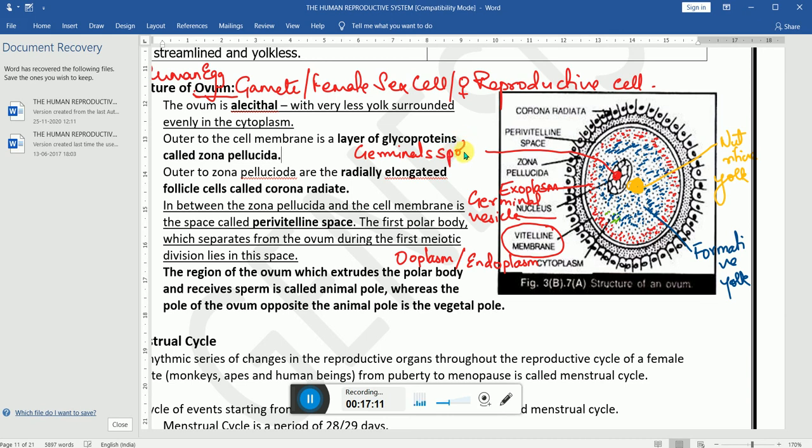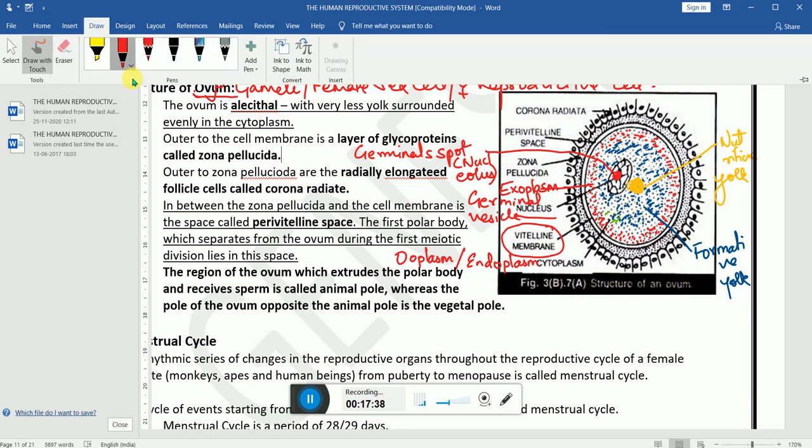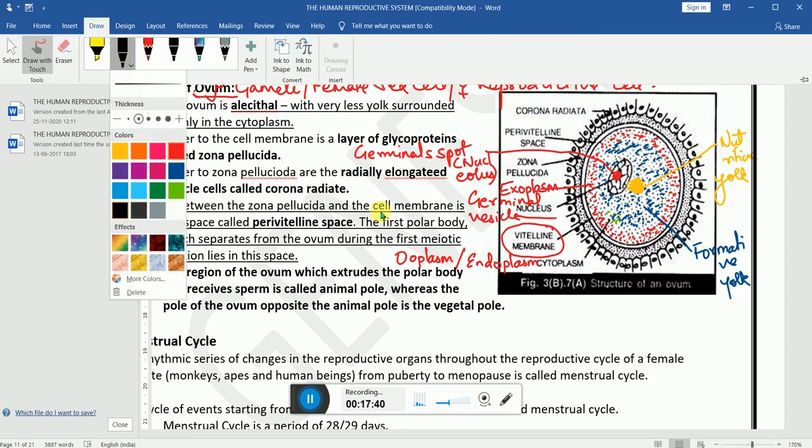Germinal spot, and this germinal spot is the nucleolus, student. Now, what else do we need to tell? Apart from that, students, there are structures present, and these structures we call mitochondria.